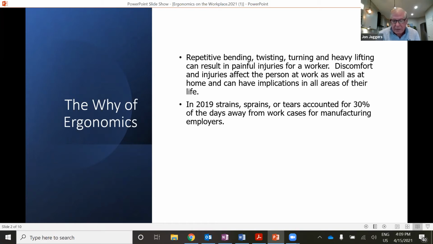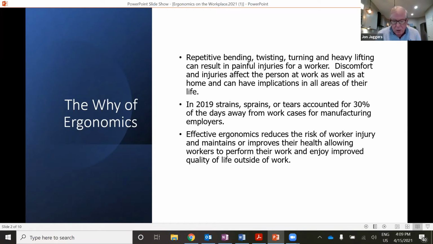In 2019, strains, sprains, and tears accounted for 30% of the days away from work cases for manufacturing employees. So 30% of the days that they were away were because of those types of injuries.